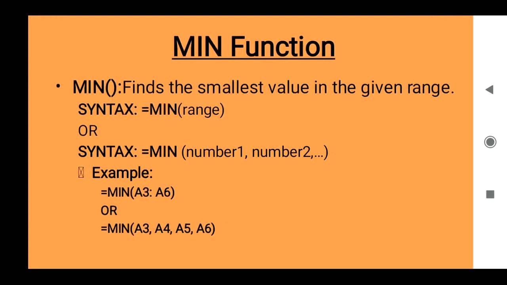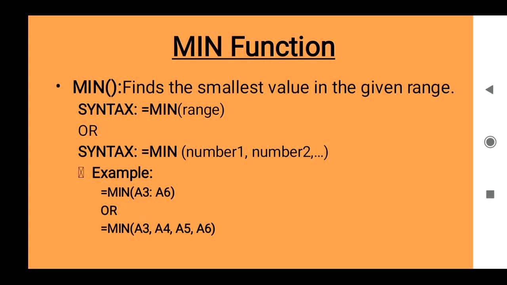This function gives the result just opposite of the max function, named min. Min function finds the smallest value in the given range. Syntax: =MIN(range), or =MIN(number1, number2, number3, etc.). Examples: =MIN(A3:A6), this is called range.